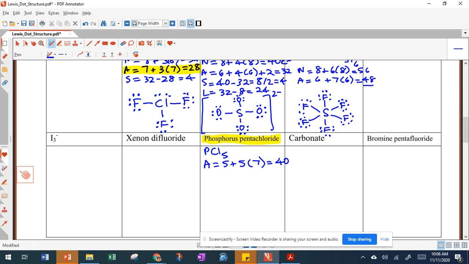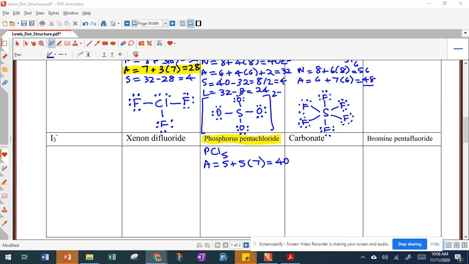We want to make sure as we draw a structure that we're using that many electrons. We put phosphorus in the center, and we know that phosphorus is in the third period, so we're allowed to do this with phosphorus. And then we have 5 chlorines around phosphorus.